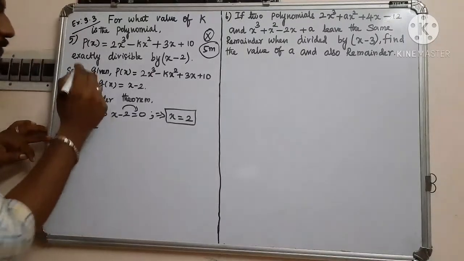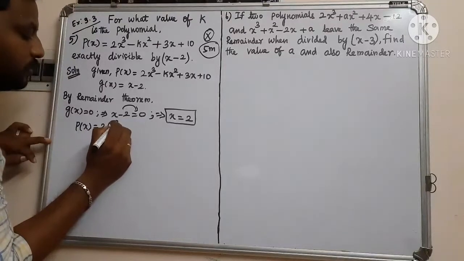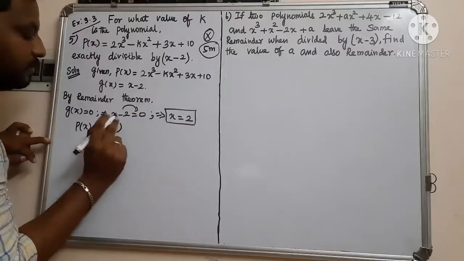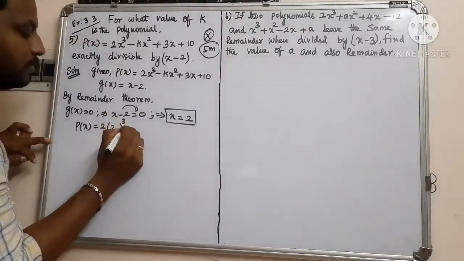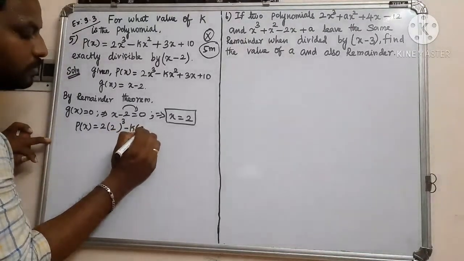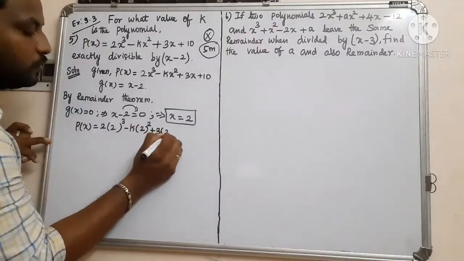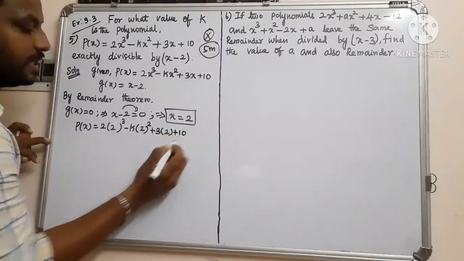is equal to 2 into 2 cube minus k into 2 square plus 3 into 2 plus 10.